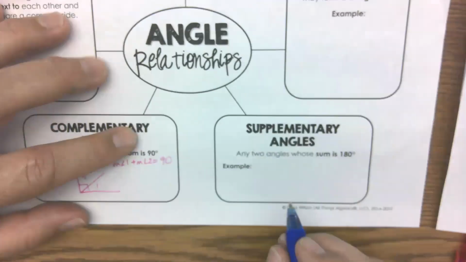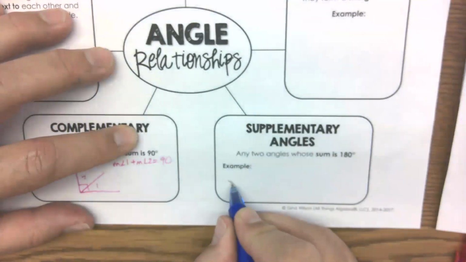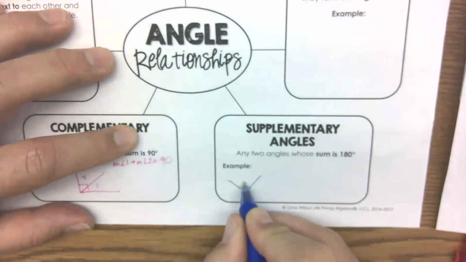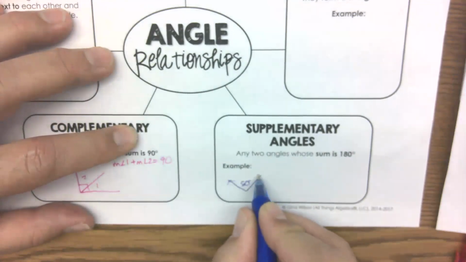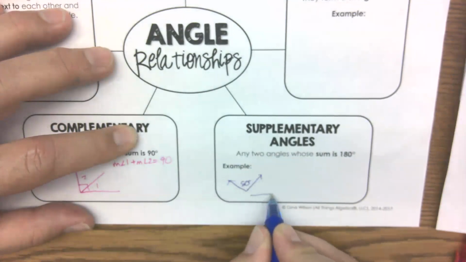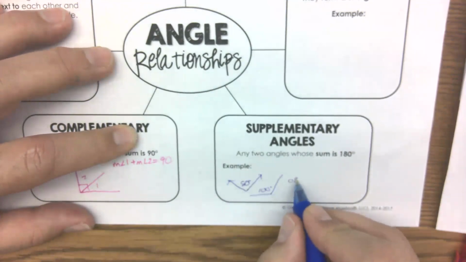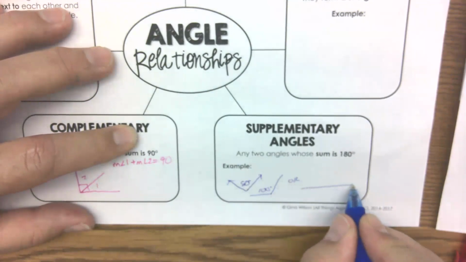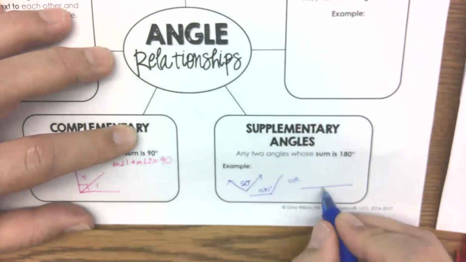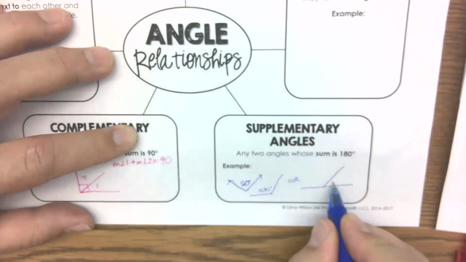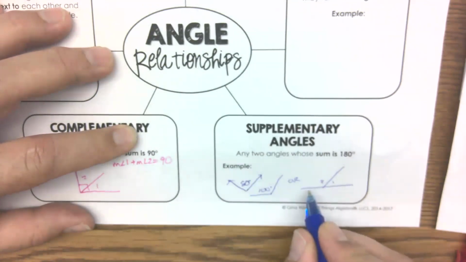So if they add up to 180, we'd be looking at 2 scenarios. One scenario is that we've got angles that just add up to 180, like 180. Or we can have something called a linear pair, where the 2 angles together make a straight line.